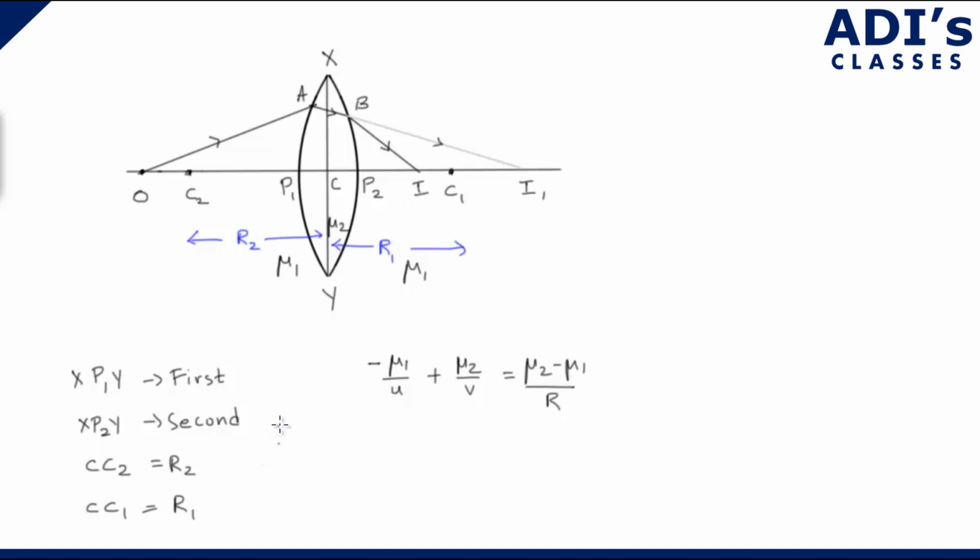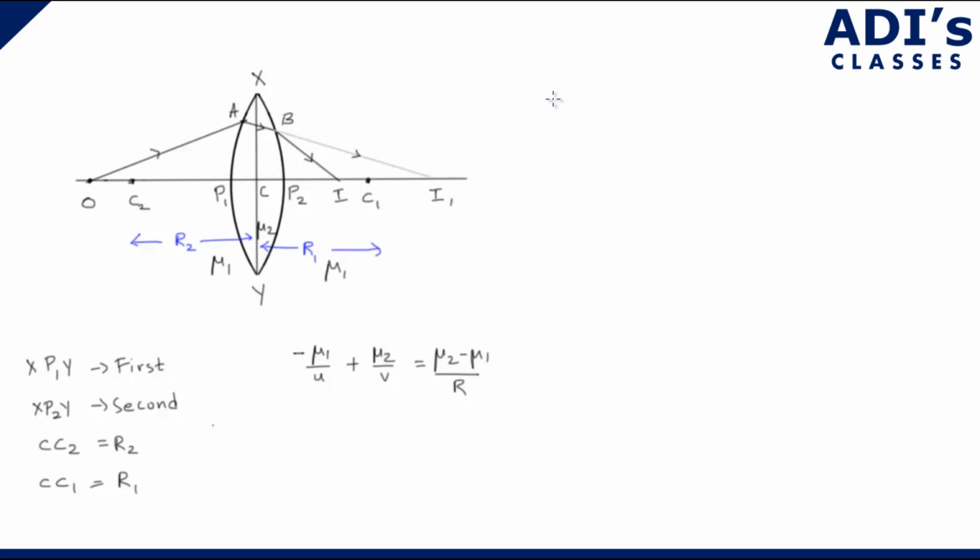Now for the first surface, the ray of light is coming from mu1. So we have mu1 divided by P1O, plus mu2 divided by P1I1, is equal to mu2 minus mu1 divided by P1C1. Okay, I'll repeat this.